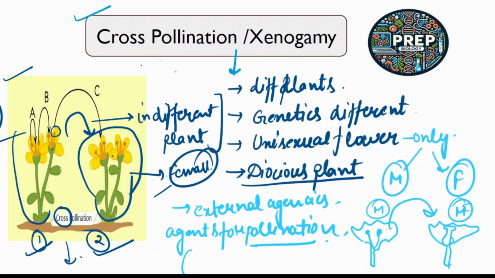That's why it requires external pollinating agencies like animals, bees, birds, wind, water, etc. Okay, so this is all about cross pollination, another name for which is xenogamy.